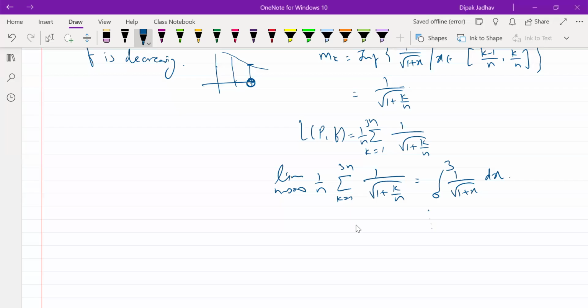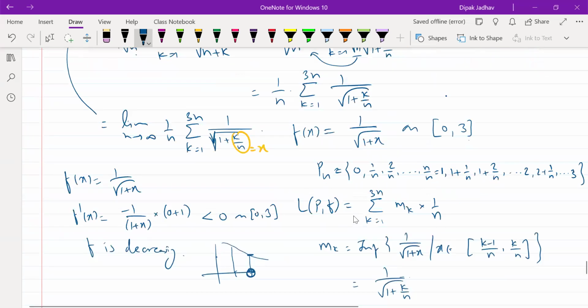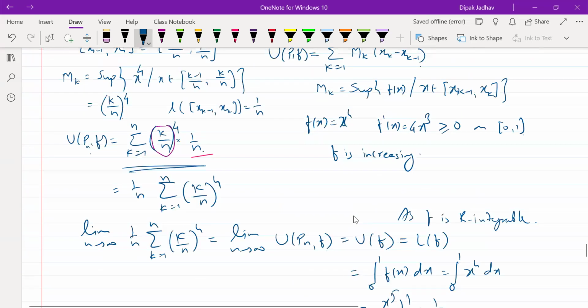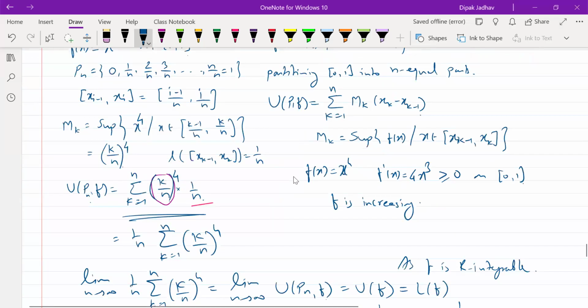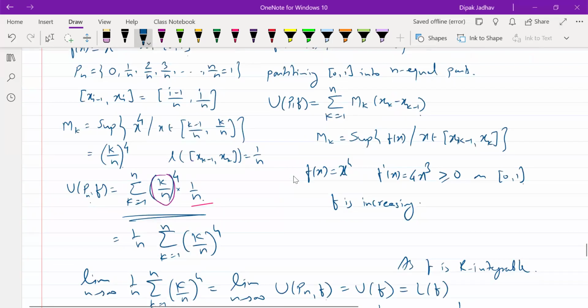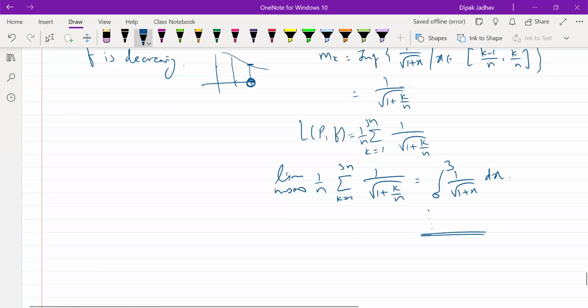My final answer will be the addition of this and this. That will be the final answer of this limit. Is that okay? Can we move on to the next question?